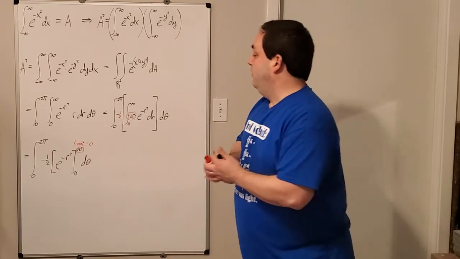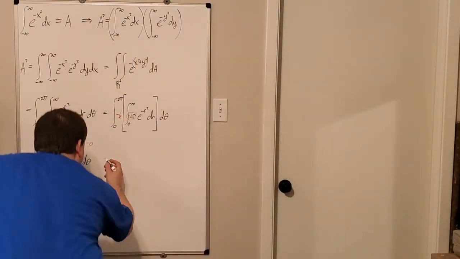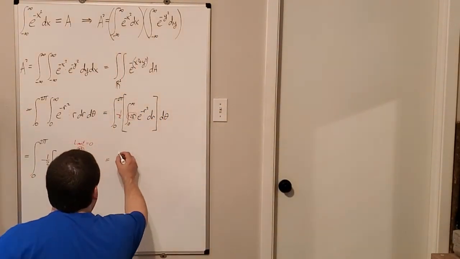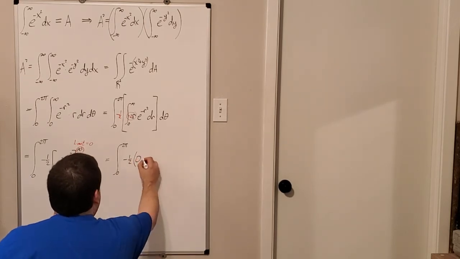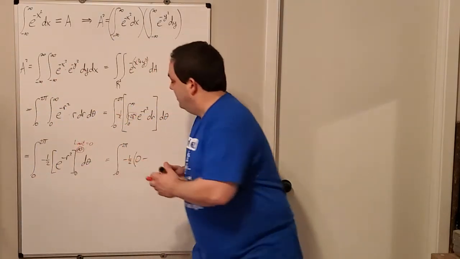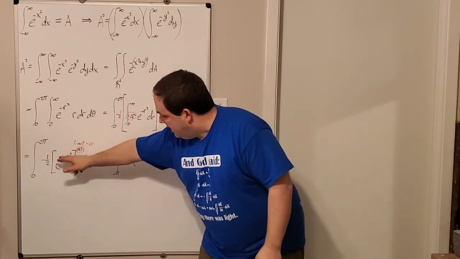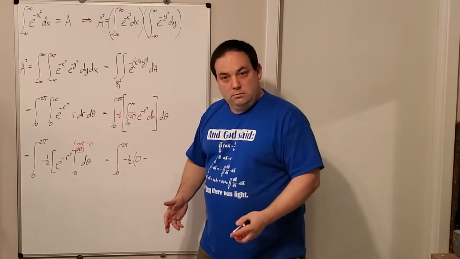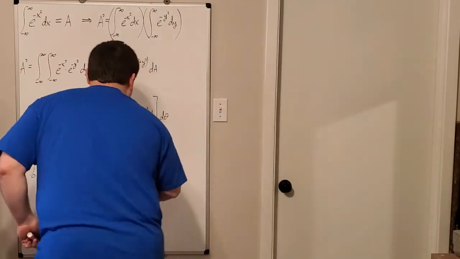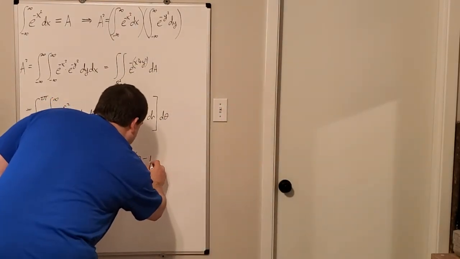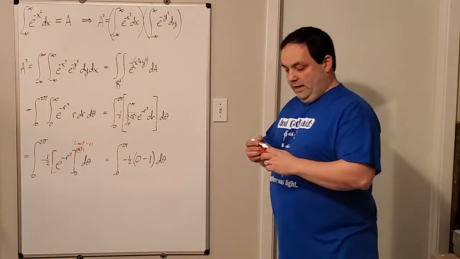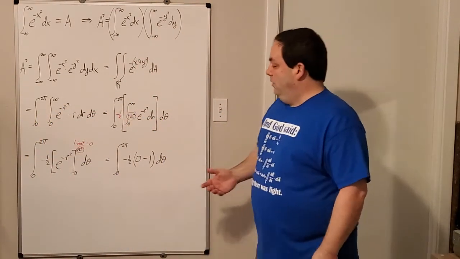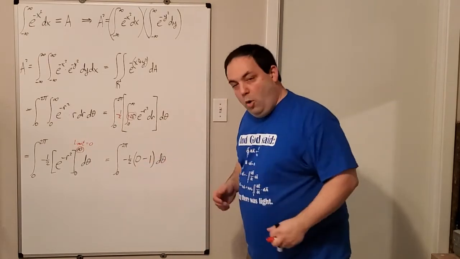So what I end up with here is the integral from 0 to 2 pi of negative 1/2 times 0 minus, okay, now let's plug in 0, right? E to the 0 is just 1, no matter what the power is. Anything times 0 is 0, and then you got e to the 0 is 1. So I got 1 d theta, like that.